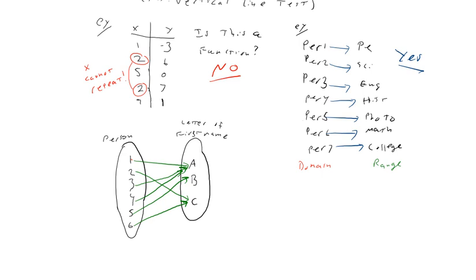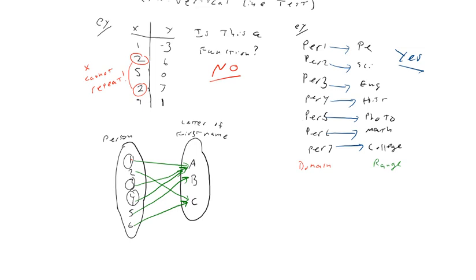I mean, 1 and 3 and 4 all go to A. Why is that okay? Is that allowed? What's your reason? Someone want to chime in? The input does not repeat. Yes. That is good.